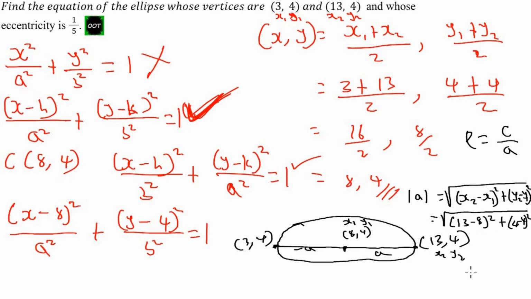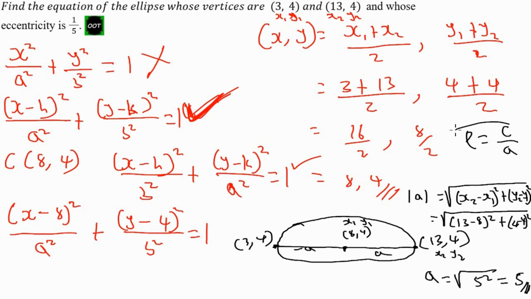So that's going to be 13 minus 8, that's 5. And it means the value of A will be equal to the square root of 5 squared. 4 minus 4 is 0, 0 squared is 0, that's gone. The root of 5 squared is 5. So 5 squared is 25, the root of 25 is 5. So the value of A is 5.